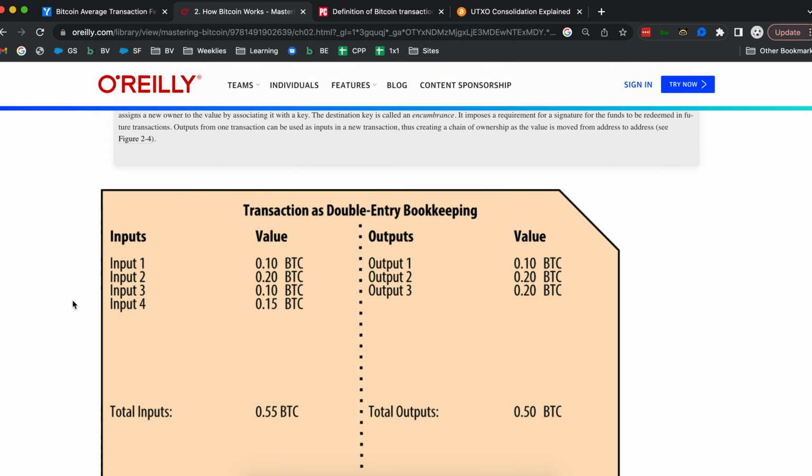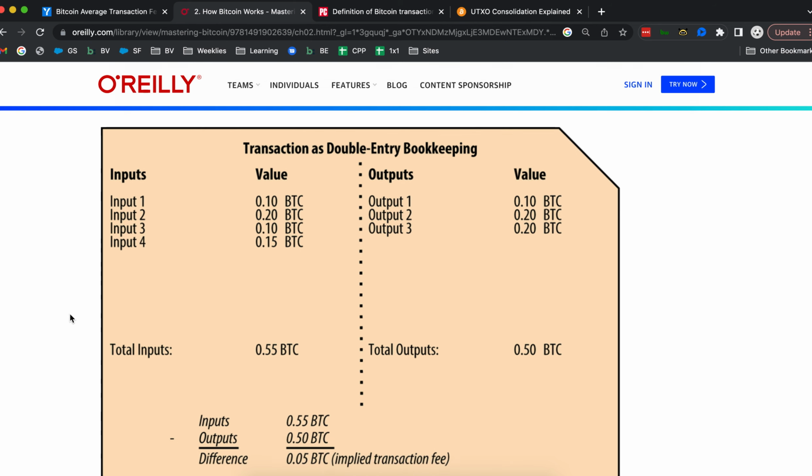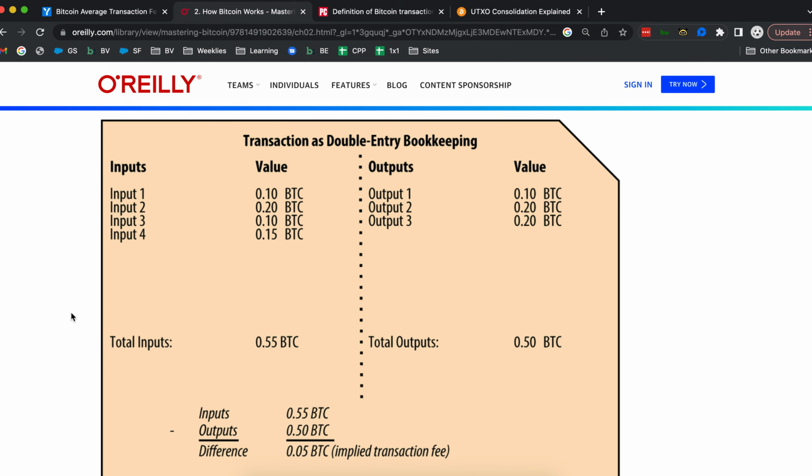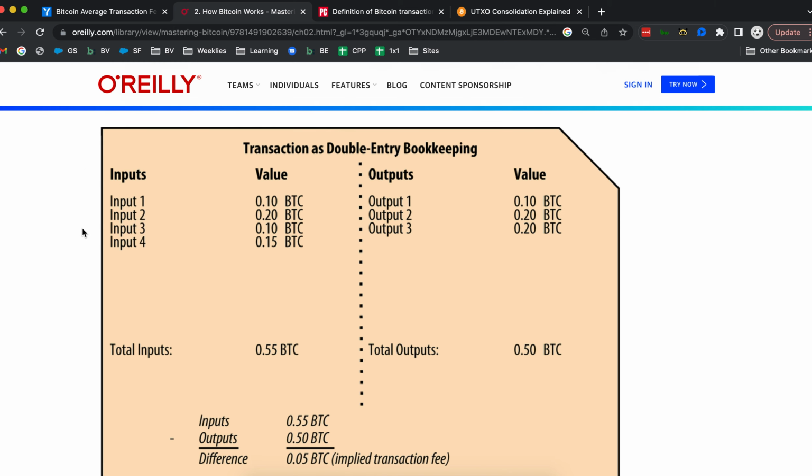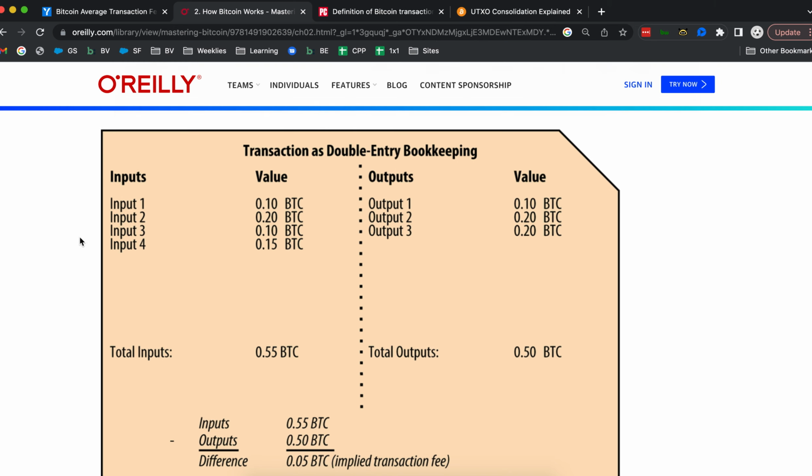And so if you look at a transaction, it might look something like this. These outputs are small digestible chunks of Bitcoin. So when you send Bitcoin to an address, say it's 0.10 Bitcoin, that might be one input, then you'll get 0.2. These are individual chunks of Bitcoin. These are those previous UTXOs.